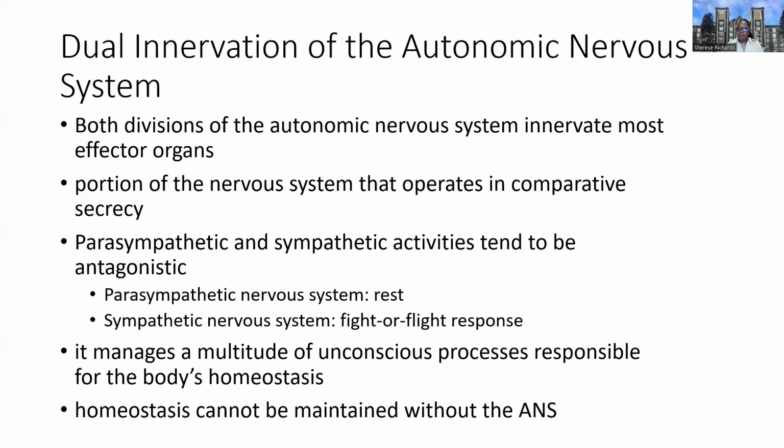Parasympathetic doesn't go away, but its influence will be toned down in those states. And the opposite is true. After you've had a large meal, if you're resting, while you're digesting food, your sympathetic tones down, your parasympathetic tones up. So that's the comparative secrecy.